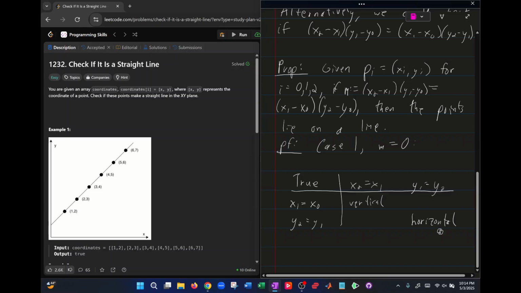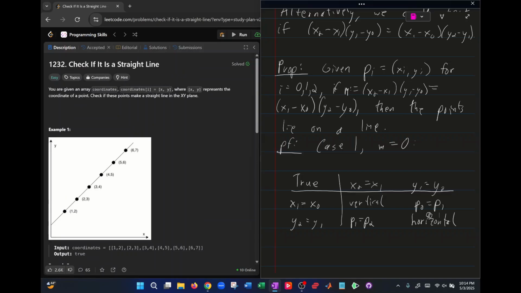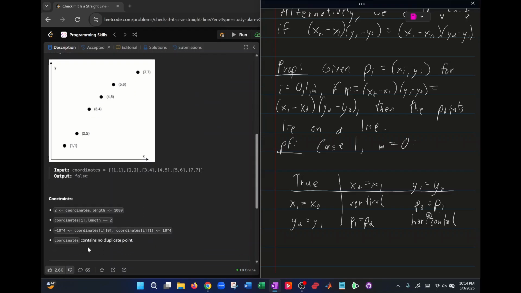Okay. Here, the x and y values for points 1 and 2 are the same, so P1 equals P2. And here, the x and y values for points 0 and 1 are the same, so P0 equals P1. Now in the problem statement, it says the coordinates contain no duplicate point.